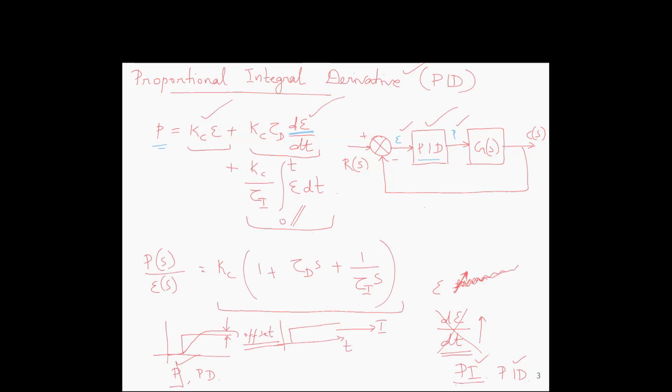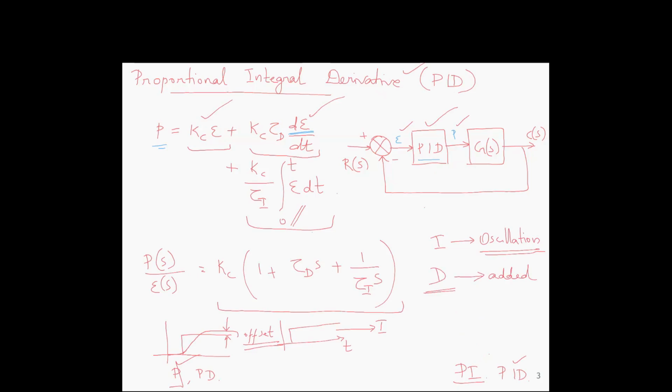But the integral action has a drawback that it results in oscillation of the response. So if excessive oscillations need to be eliminated, then derivative action might be added. And the drawback of derivative action, which we have seen earlier, is that for a noisy error signal, we need to avoid the derivative control. So this is a combination.